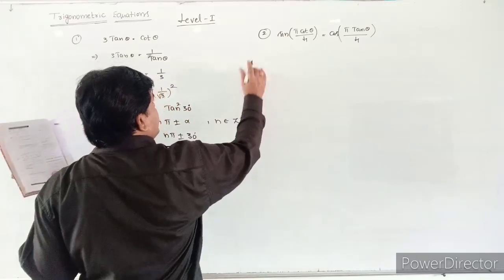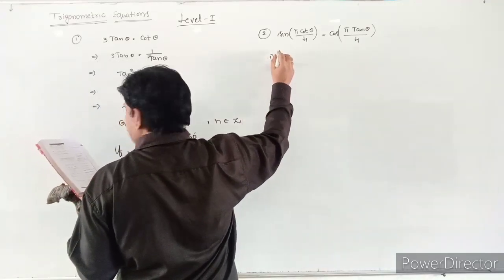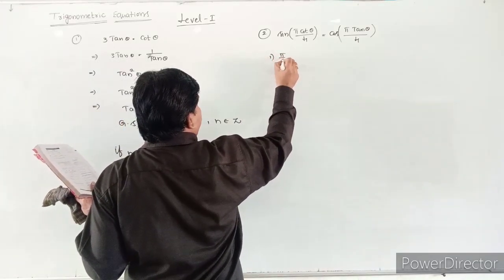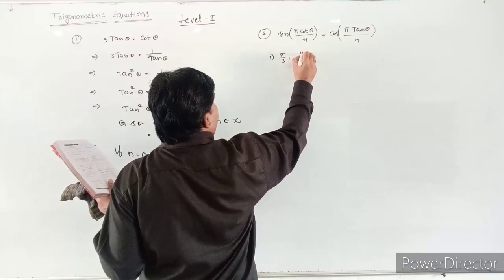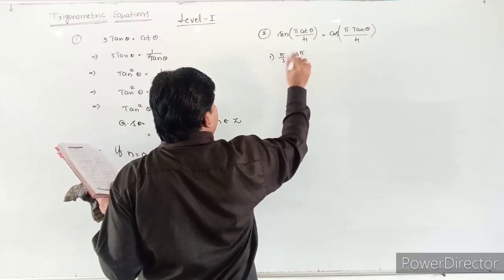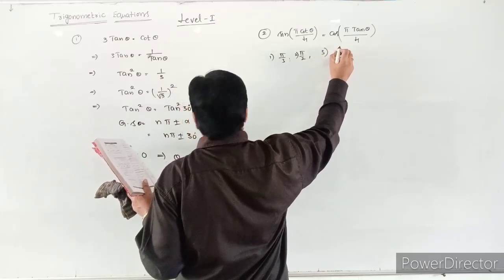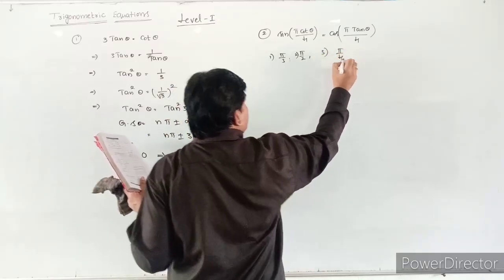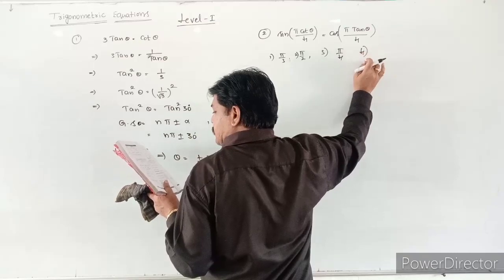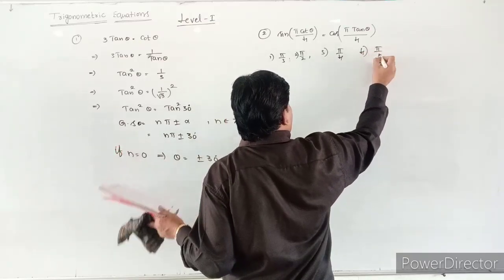So see this question, students. What are the options given? The options are pi by 3, pi by 2, pi by 4, and the fourth option is pi by 6.